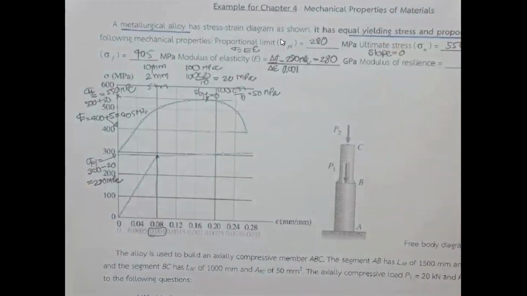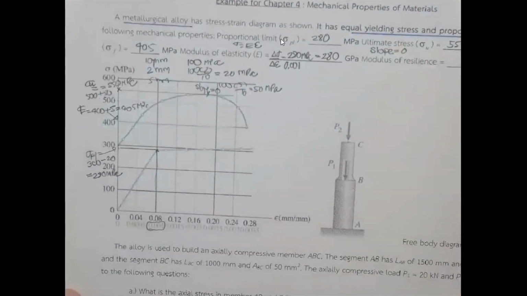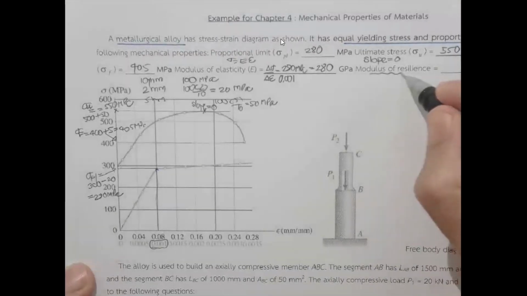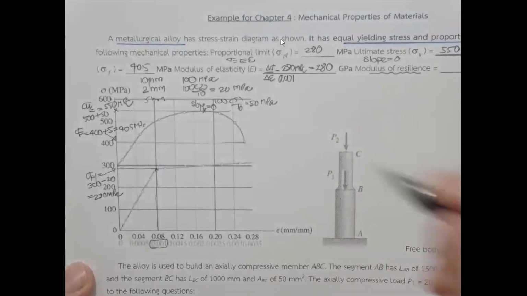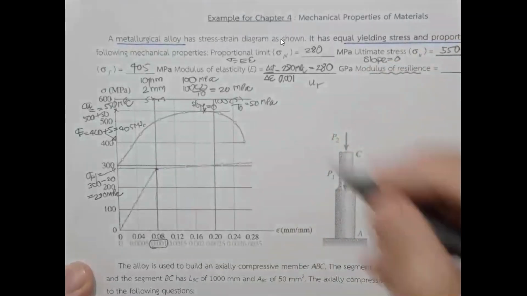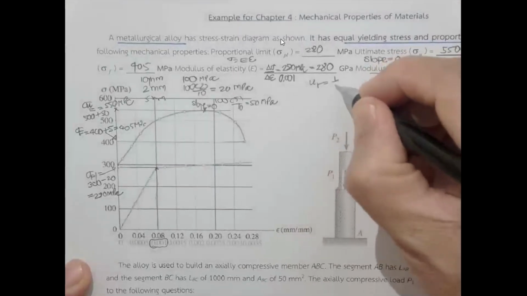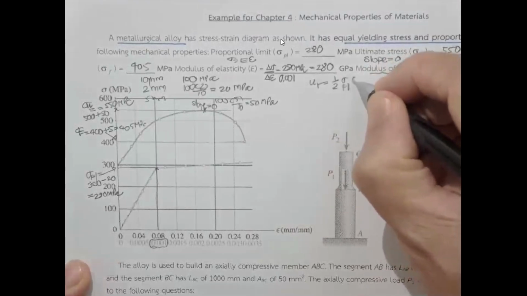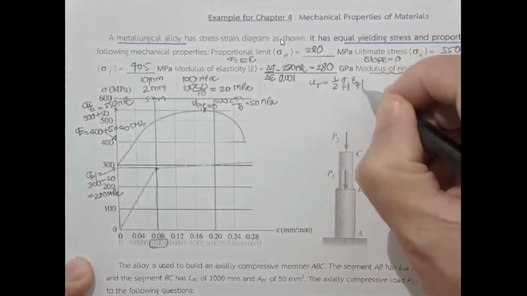Okay. Furthermore, the problem asks you to determine the modulus of resilience. That's going to be U sub R. U sub R is what? Equal to 1 over 2 sigma sub PL times strain sub PL.